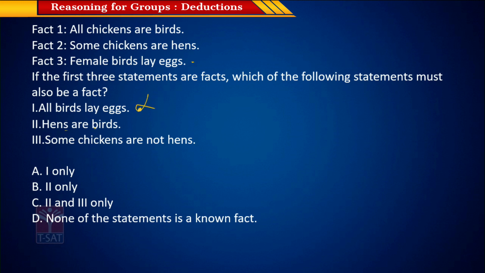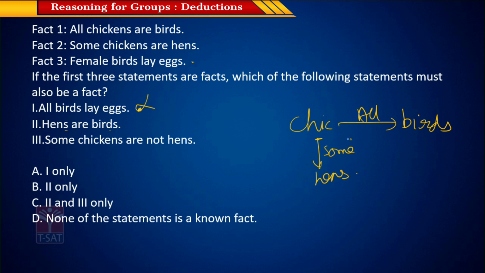And then they're saying hens are birds. All chickens are birds, right? And they're saying that some of these chickens are hens. So this is a subset of all of the chickens, and all of the chickens are birds. So hens are definitely birds.